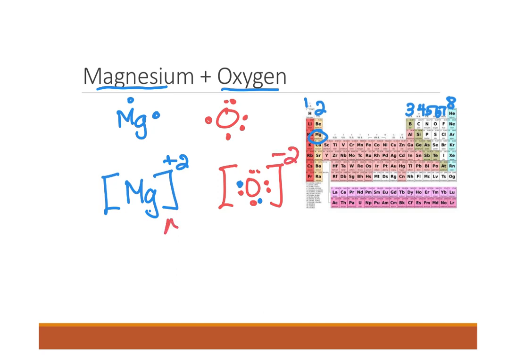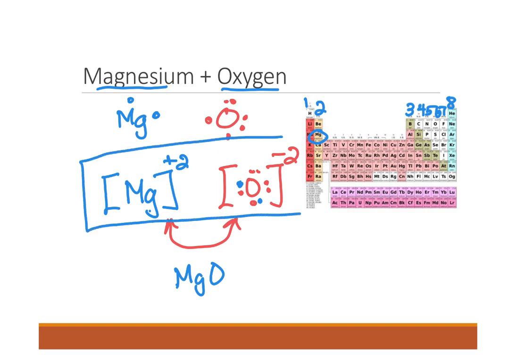And so our positive 2 charge and our negative 2 charge will pull these 2 ions together and form our magnesium oxide, MgO, compound. And to draw the Lewis structure, you're going to just have this formulation here showing the atomic symbols in square brackets and then the charges above it. Remember to show all the valence electrons for your nonmetal, for your negative ion. And you don't have to use different colors. I was just trying to make it clear where those electrons were coming from.